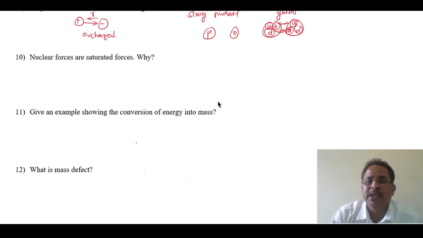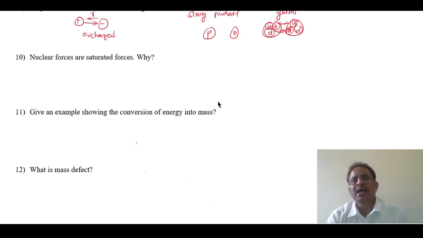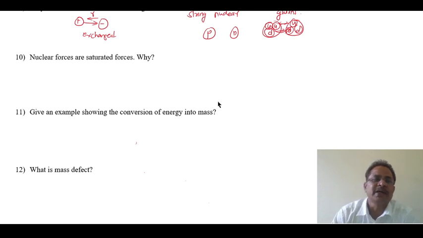So the particles which are exchanged between quarks are what keep these nucleons together, and this particular force comes into existence. This is possible because of the exchange particles, gluons, and that's why the strong nuclear force is called an exchange force. Like the electromagnetic, gravitational and weak forces, the strong force also is an exchange particle force, and that comes into existence because of this process, which is called exchange of an intermediate particle.